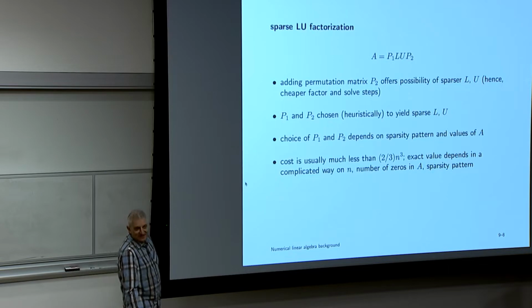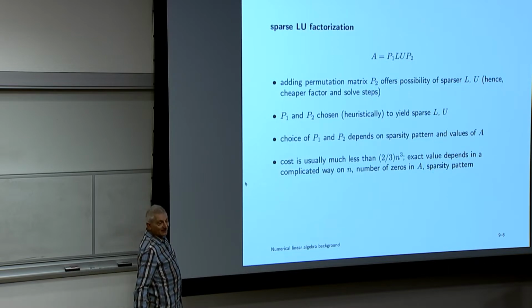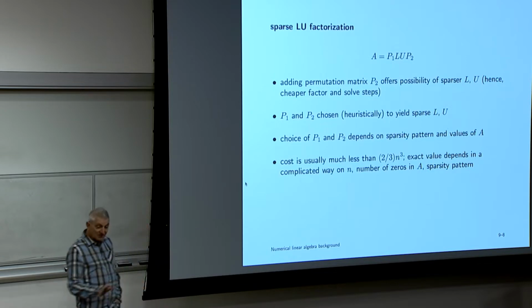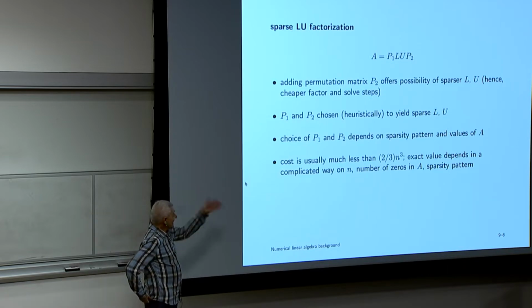But who cares? There are unbelievably good heuristics for doing this that all of us benefit from. So this is great. What happens with sparse matrices is the factor and solve times are less than 2/3 n cubed.